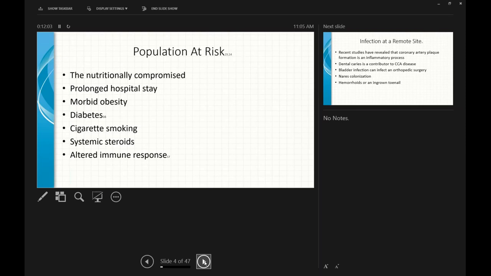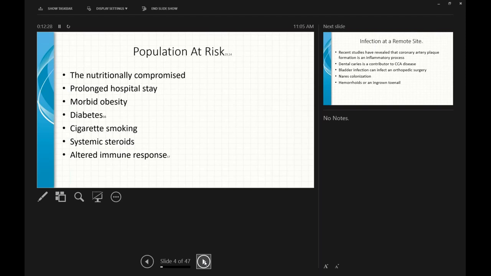Morbid obesity. The morbidly obese patient has tissues that touch and there's always moisture. Plus, morbid obesity contributes to so many other problems for the patient. Diabetes. Now, this is just coming to light, that diabetes is a contributor to infections.